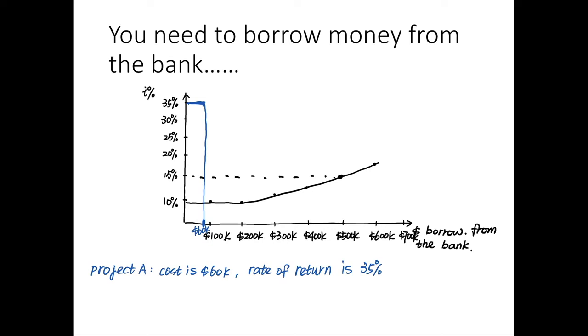you want to borrow, you want to use for the project. Okay, now take a look at the area of this blue rectangle. What is the area? So the area is the height times the width, okay?